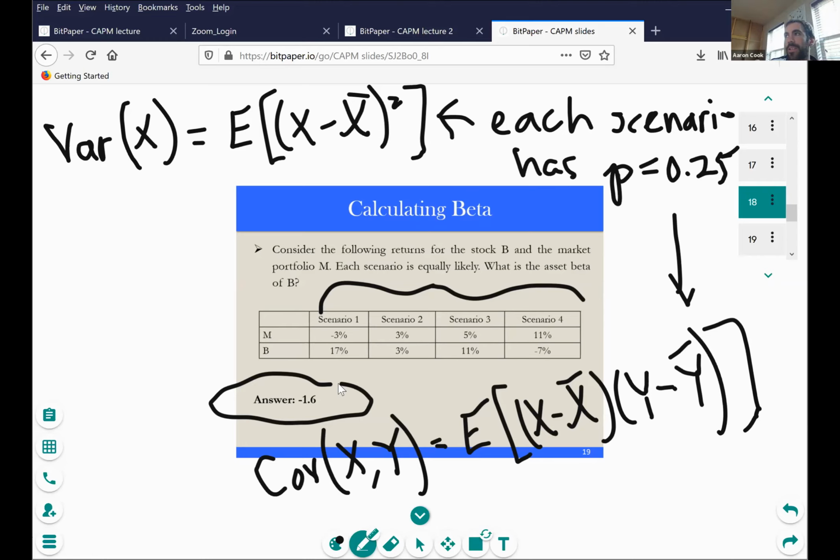So this asset tends to move in the opposite direction of the market on average, and holding a stock like this is going to actually reduce the overall volatility of a diversified market portfolio.